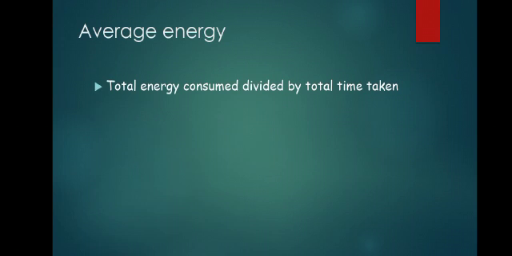So we use the concept of average power, and we can obtain average power by dividing the total energy consumed by the total time taken.